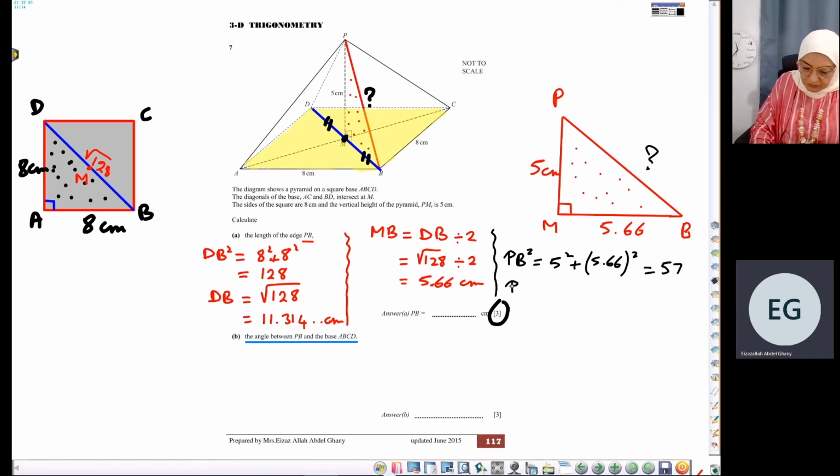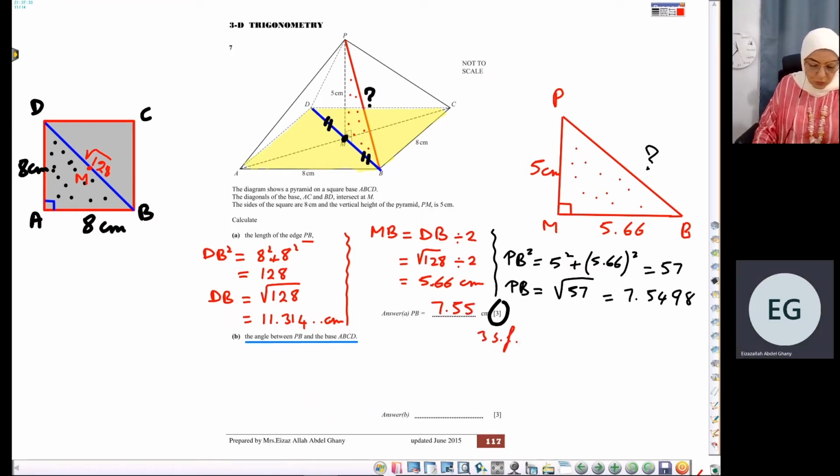So if you need to find PB, you click square root of answer. Root answer equals 7.5498 before rounding, but write it on the answer line as rounded. So 7.55, three significant figures or more.